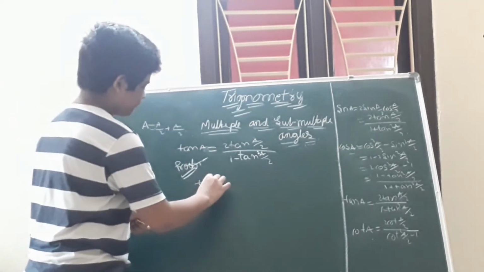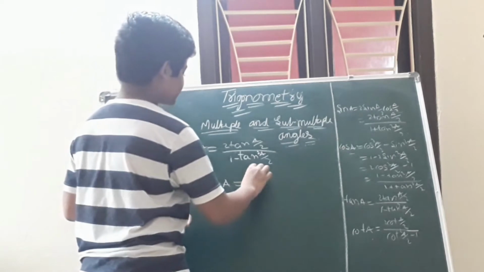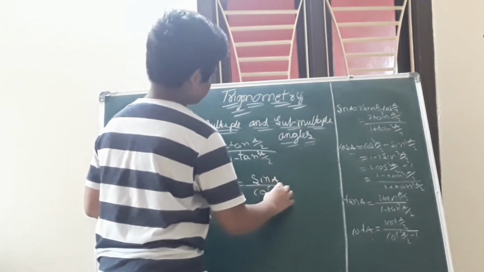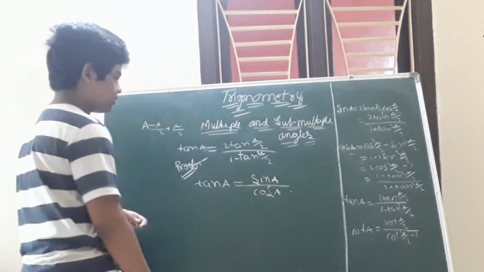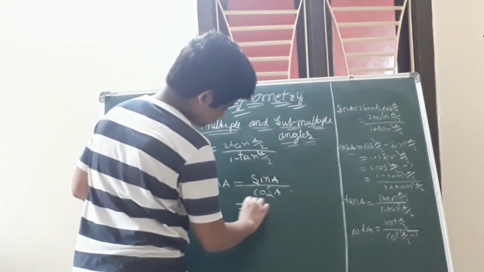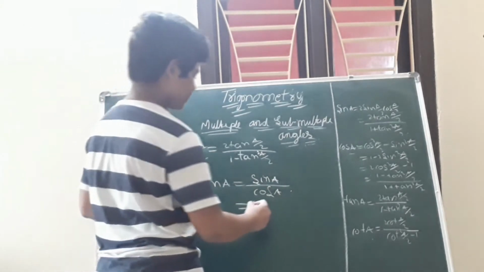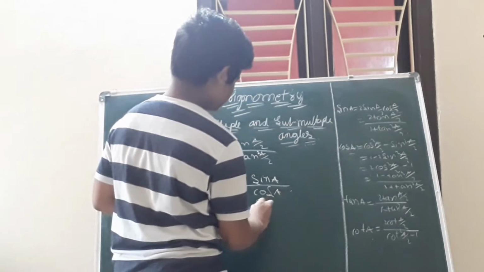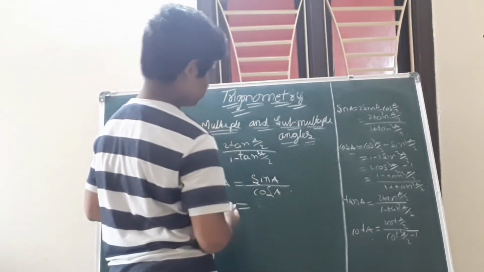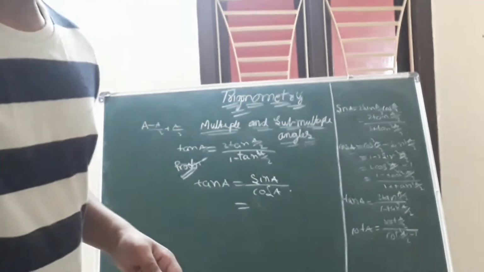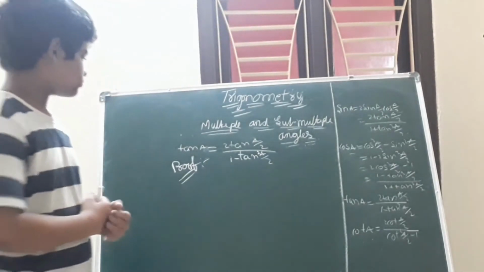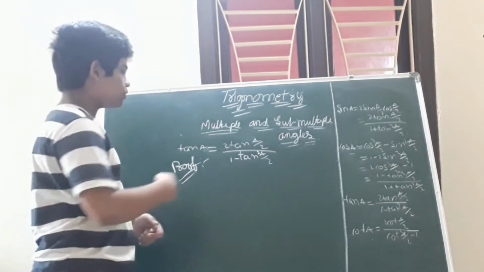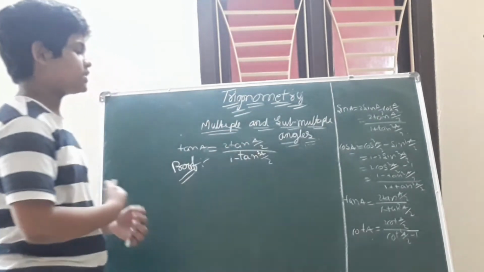That is, we can write tan A as sin A by cos A. So now let us learn the proof of tan A is equals to 2 tan A by 2 by 1 minus tan square A by 2.